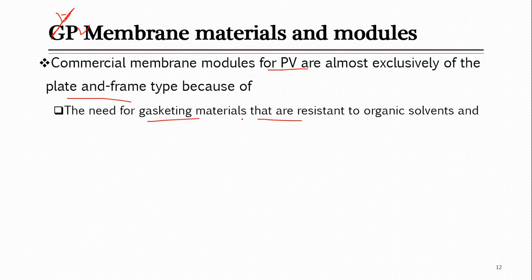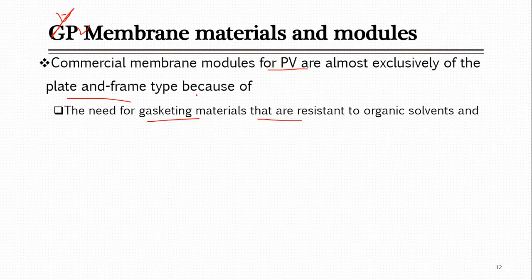So in order to avoid this leakage of pressure and maintain the vacuum, you will need gasketing inside these membrane separating equipments, and for that purpose plate and frame can be easily gasketed.